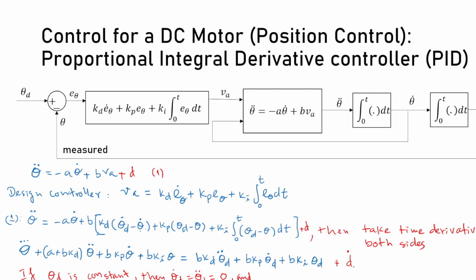How can we find them to have a good performance? Now I only consider regulation control. I said many times, if theta d is constant. What do I mean by this?